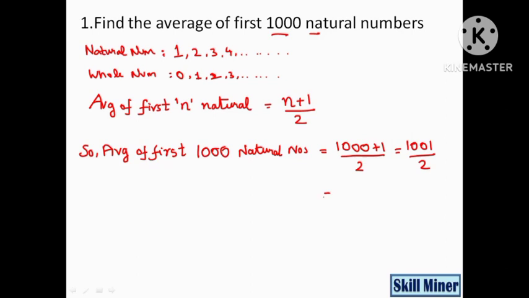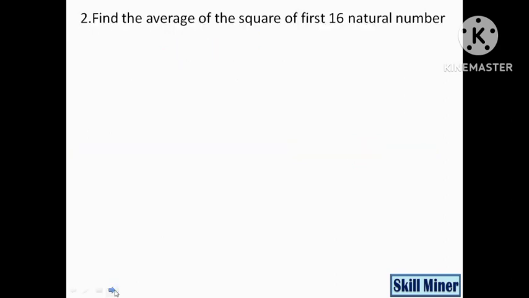So our answer will be 500.5. Okay, this will be our answer. The average of first 1000 natural numbers will be 1000 plus 1 divided by 2, which gives you the value 500.5. Now going to second question.